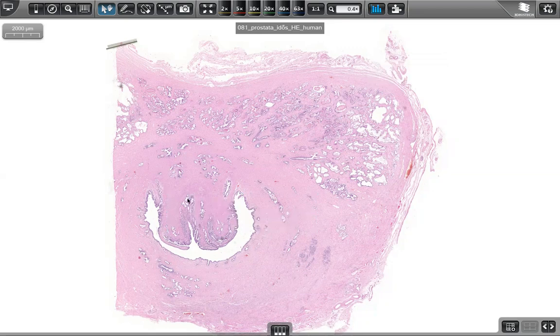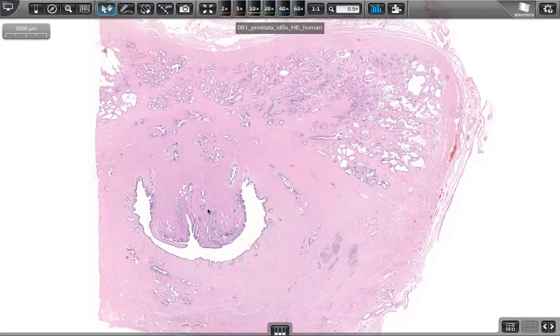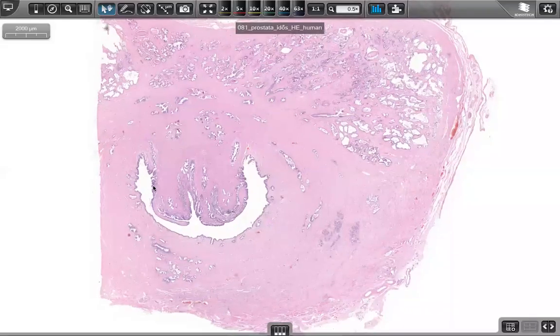Then, really close to the luminal surface, we have glands, and far away from the prostatic urethra, we have also big lumens. So we have glands everywhere in the prostate.